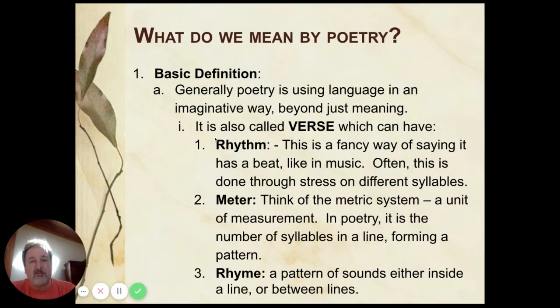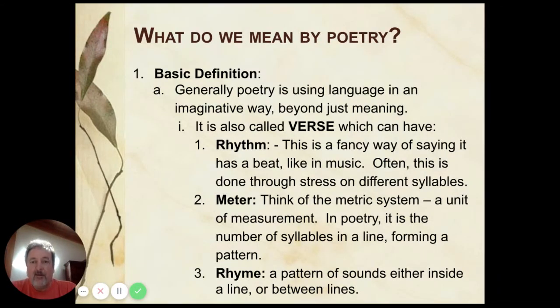One is rhythm, and you guys should be familiar with these terms through music. Most songs you listen to, by the way, are poetry. So a rhythm is a beat, da-dun, da-dun, da-dun. Meter, if you think of the metric system, is a unit of measurement. That's the number of syllables in a line that forms a pattern.